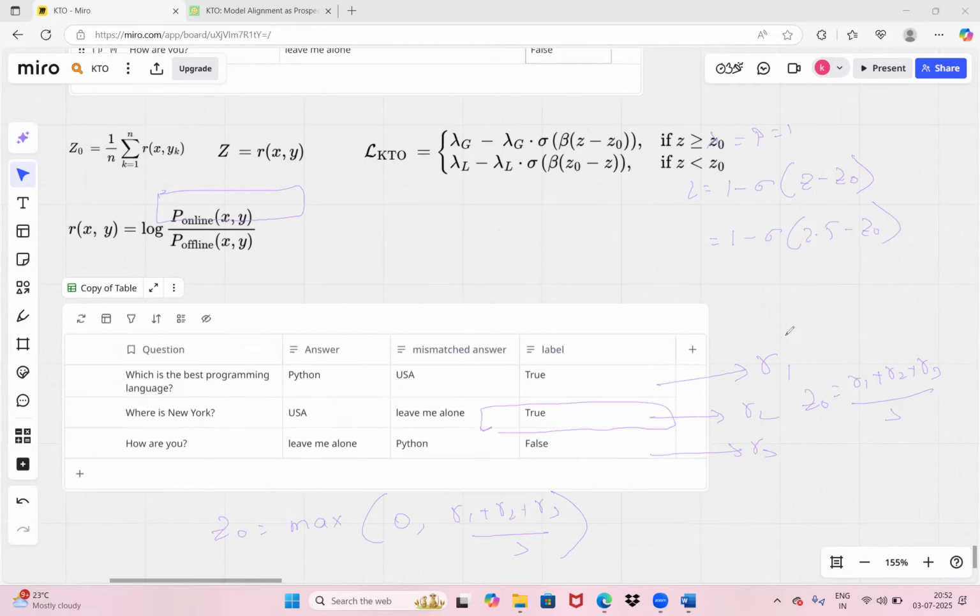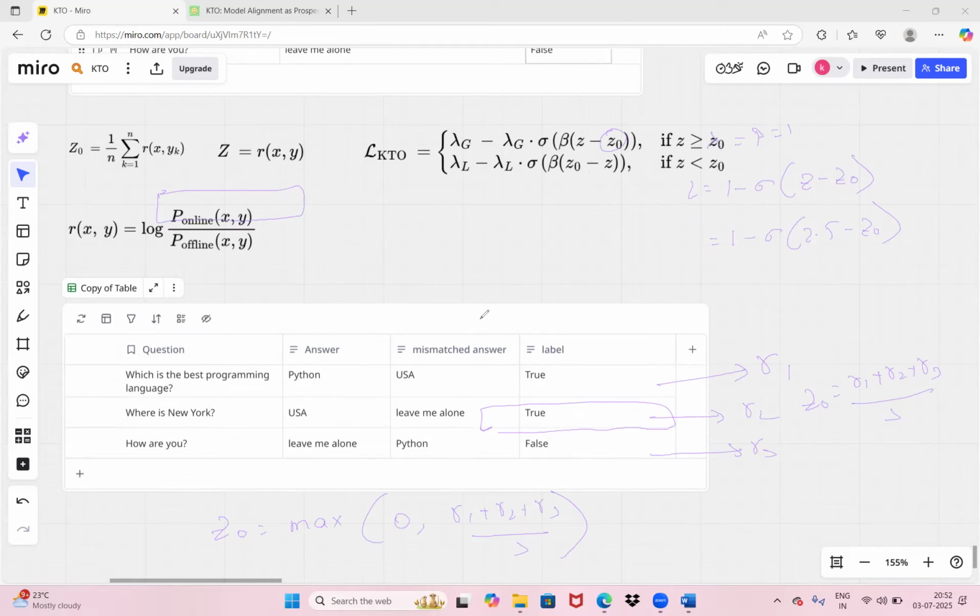So now, because my model is already intelligent and my z naught is much lesser than z, even in this case, even if my answer is not so great, just because my z naught value is very less, my z minus z naught value will be more. If this will be more, it reduces my loss.